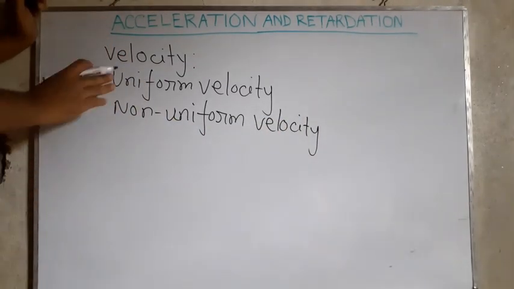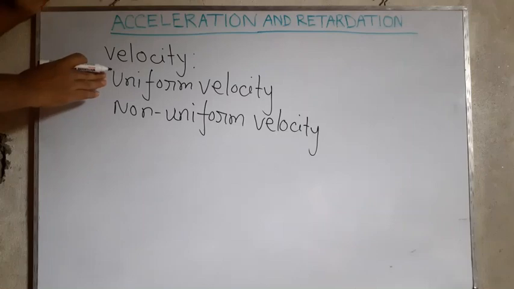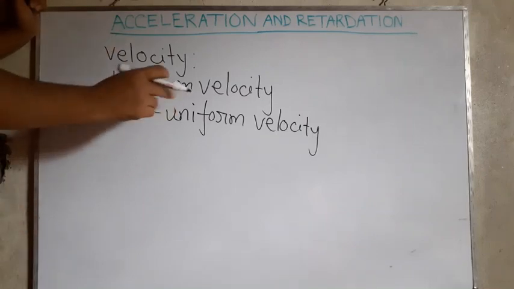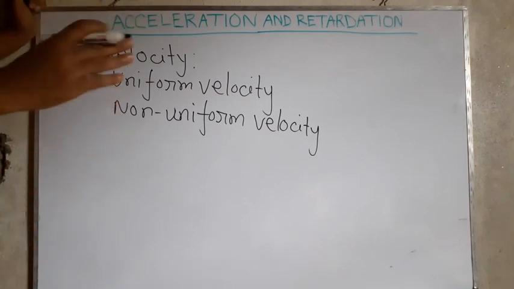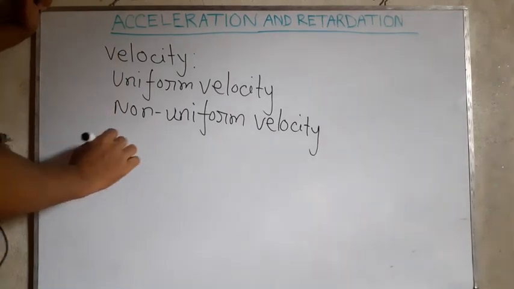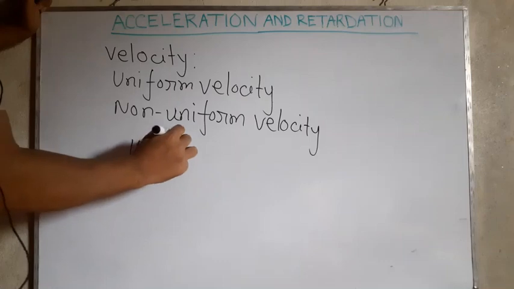In uniform velocity, the object moves with a constant velocity. In this case, the body will not change its velocity, but in non-uniform velocity, the body will change its velocity with time. Suppose the initial velocity of a body is 15 meter per second.